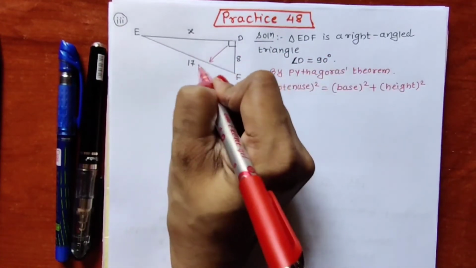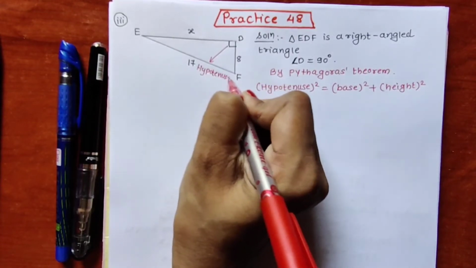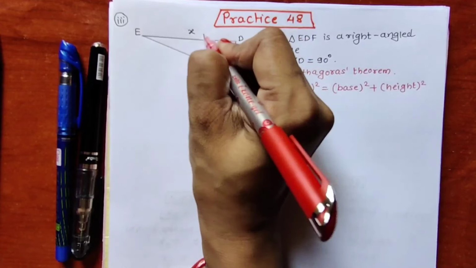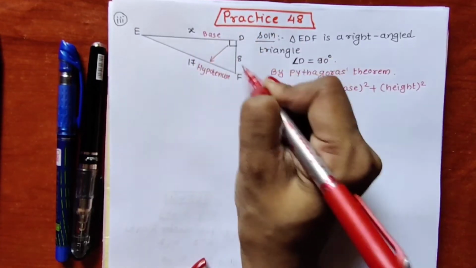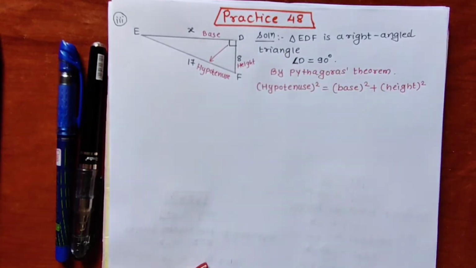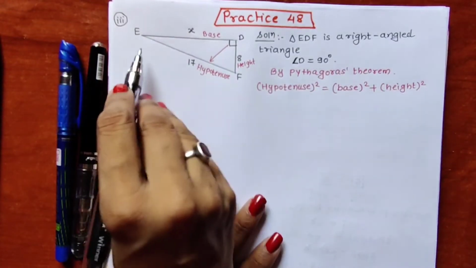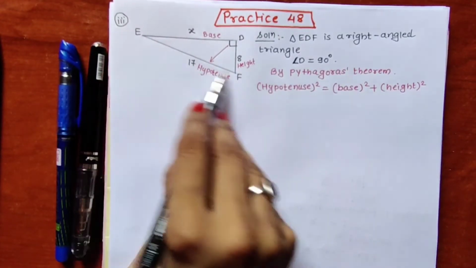So side EF will be the hypotenuse. And then from remaining these two sides, one side can be considered as base and the other side can be considered as height. So in this way we can write base and height. Now write the names of hypotenuse, base and height in the solution. Hypotenuse is EF, side EF is hypotenuse.